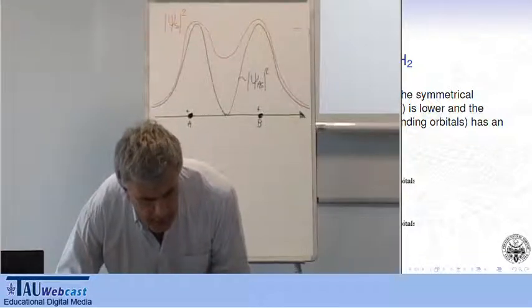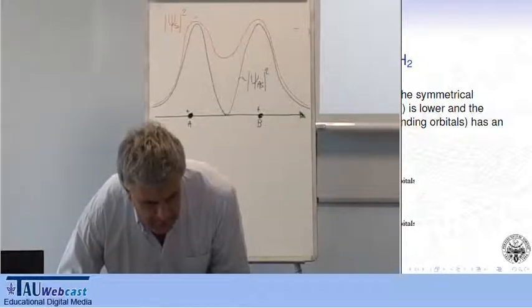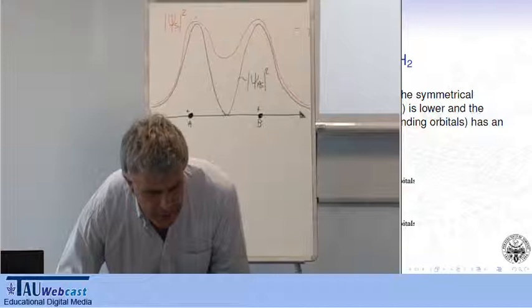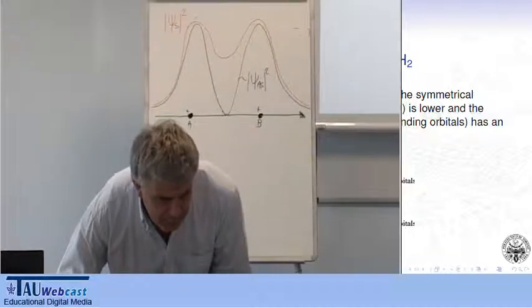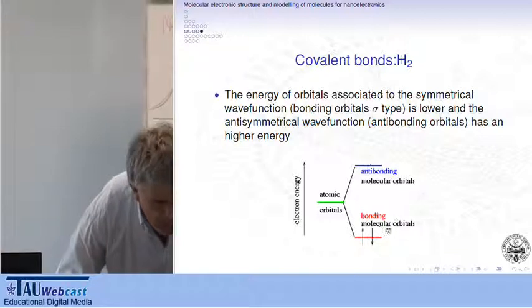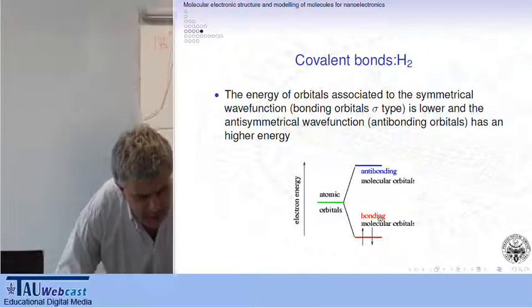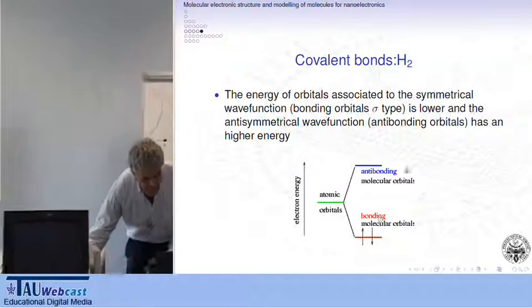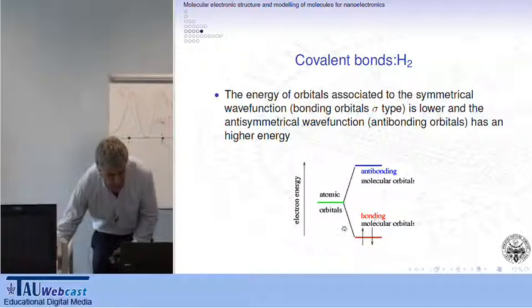When you produce a molecule, we have two different molecular orbitals with separated energy, and we understand that the energy associated with the symmetrical form is the bonding molecular orbital. It means that the stable form for the hydrogen molecule is this one.